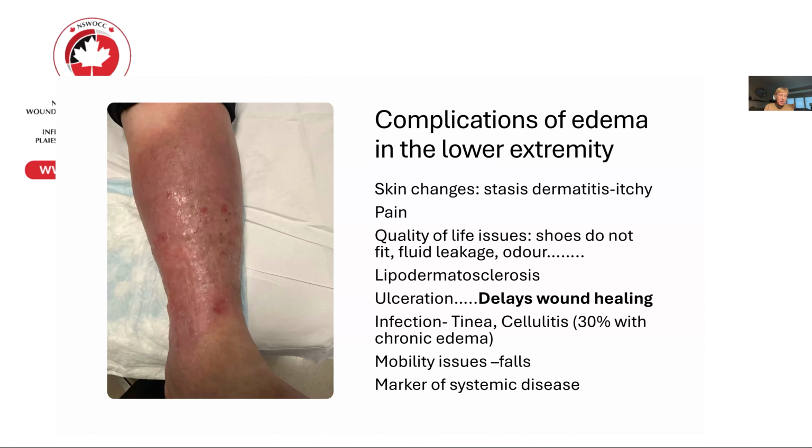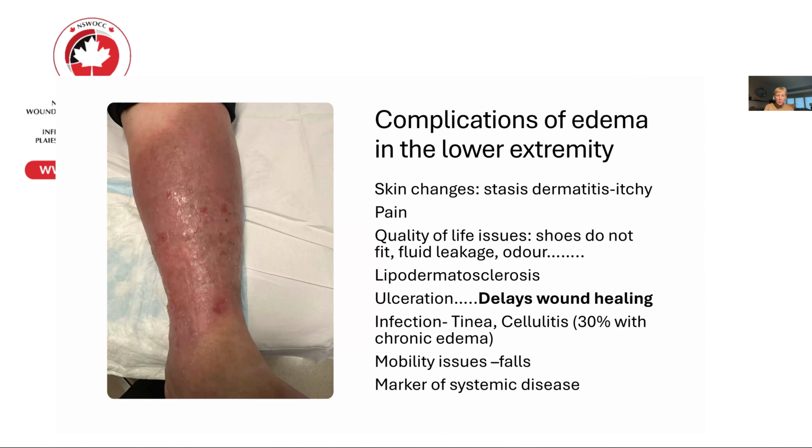Edema in its own right causes distension. As you can see, the fluid's in that interstitium, not in the tubes, and it causes distension and discomfort and pain. Quality of life, you can go on and on about the quality of life issues related to edema, but just to name a few: my shoes don't fit, fluid leaks out onto my clothes, it's malodorous, but there's so many of these that impair a patient's quality of life.